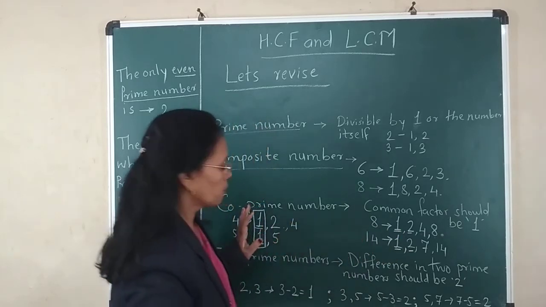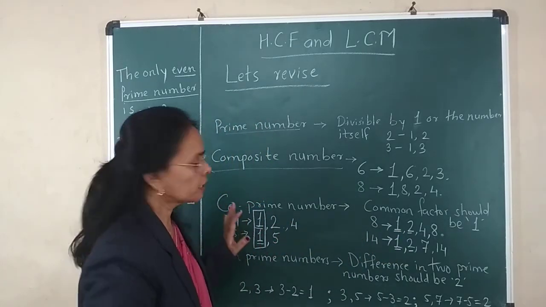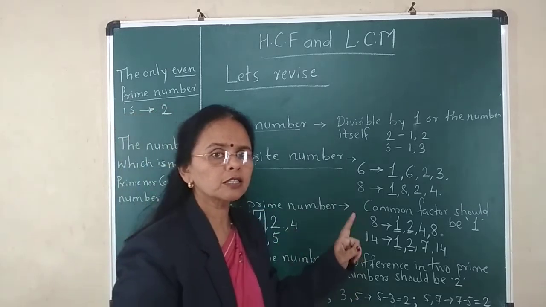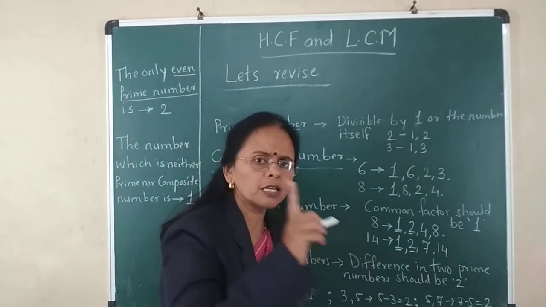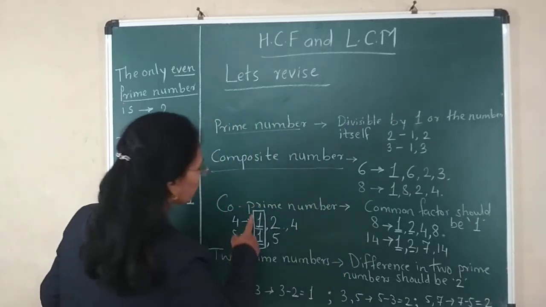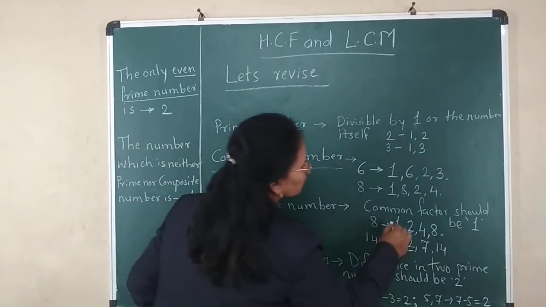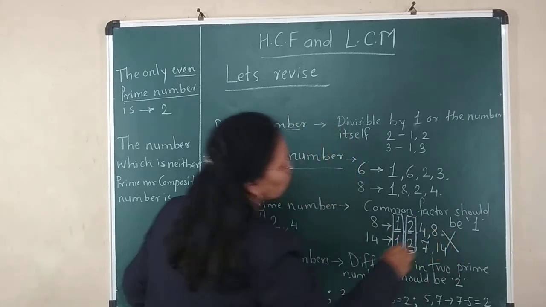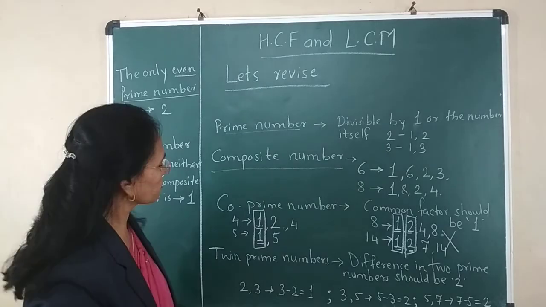But we have already learned what co-prime numbers are: the common factor of two numbers should only be 1. Here the common factor is 1 also and 2 also, and therefore this is not a co-prime pair.